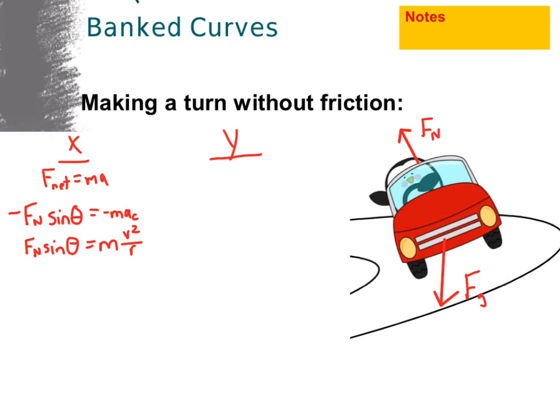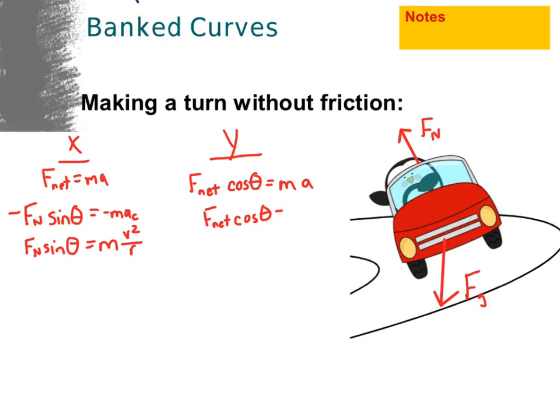In the y direction, we end up with F sub n. Oops, actually, let me write this out completely. F net cosine theta equals mass times acceleration. The acceleration in the y direction is 0, so F net cosine theta equals 0.